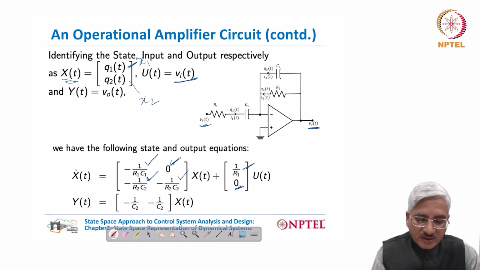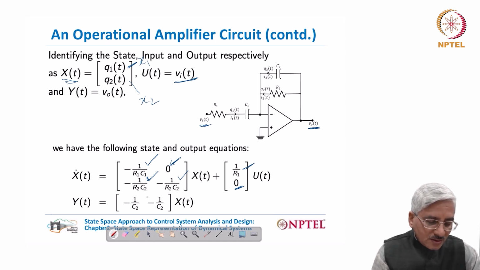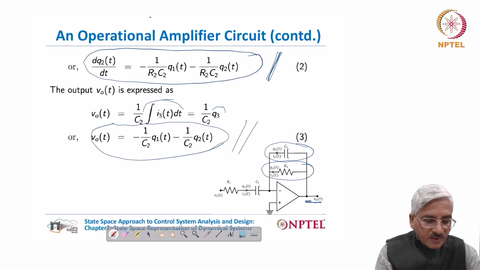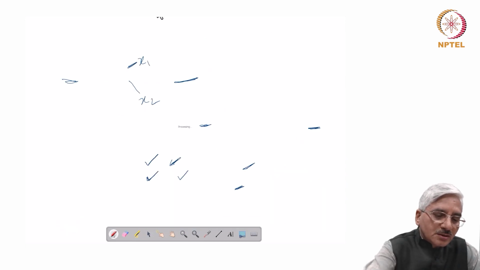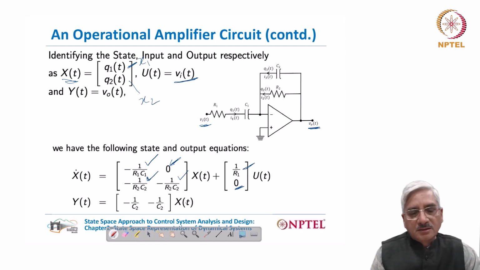This coefficient is 0 into u. And the output is the output voltage Vo, which is written as minus 1 by C2 into Q1, which is x1, minus 1 by C2 into Q2, which is x2. So this equation gives minus 1 by C2, minus 1 by C2, the two coefficients in the matrix C, into x(t).